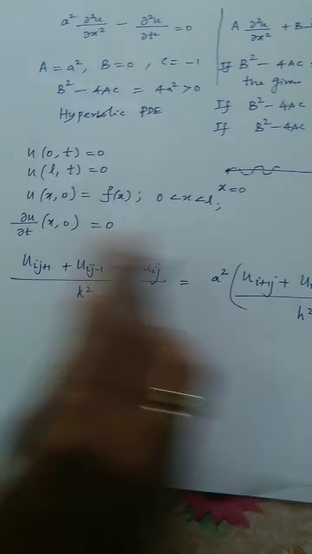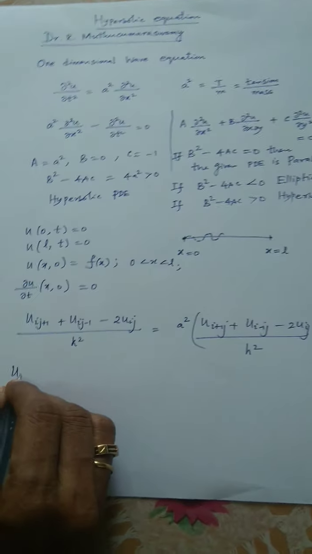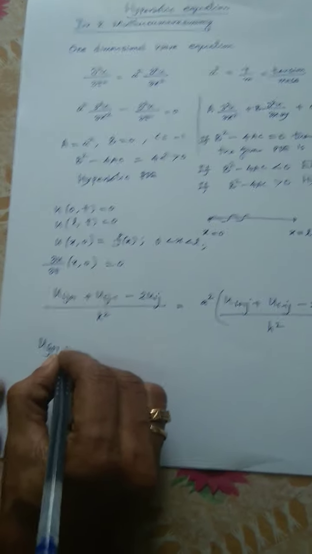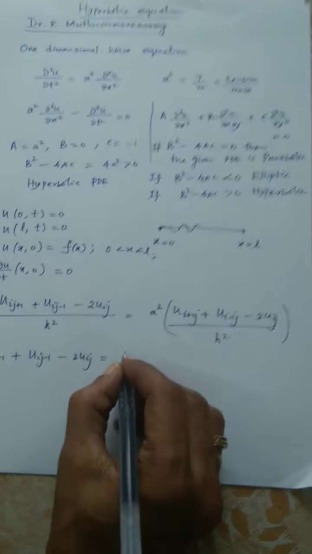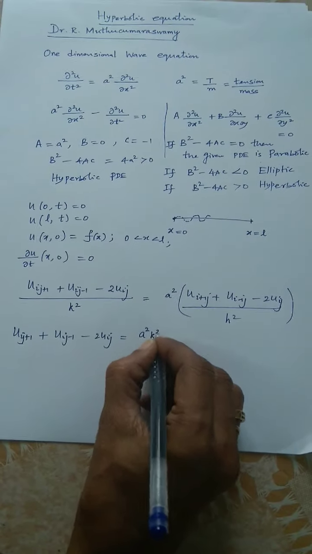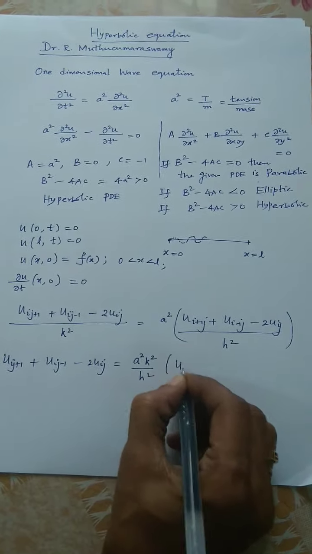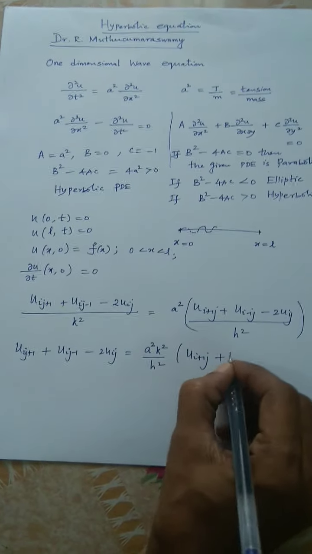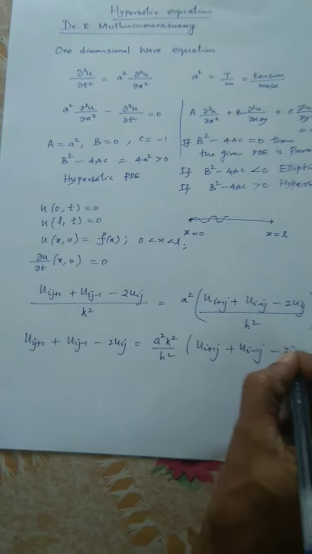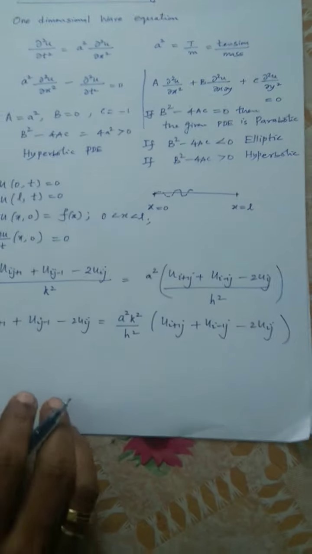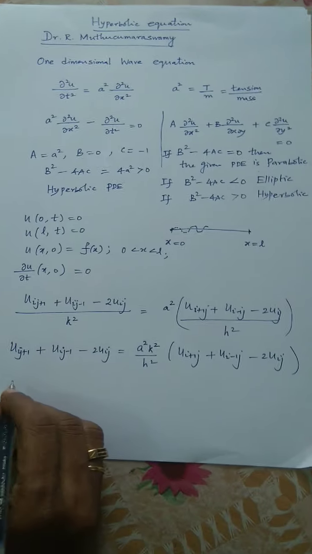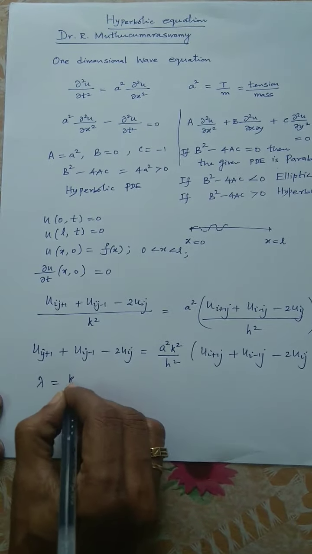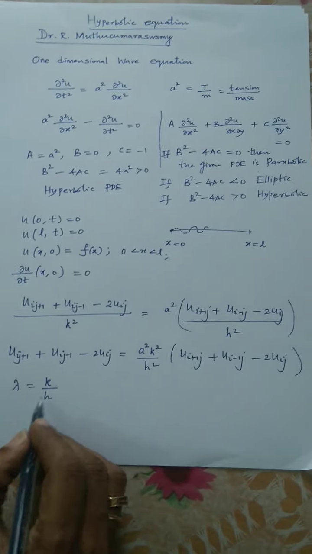Now I am going to cross multiply, taking the entire thing to the other side. So u(i,j+1) + u(i,j−1) − 2u(i,j) equals a²k²/h² times (u(i+1,j) + u(i−1,j) − 2u(i,j)). Now I am going to set lambda as a constant, the ratio k by h.